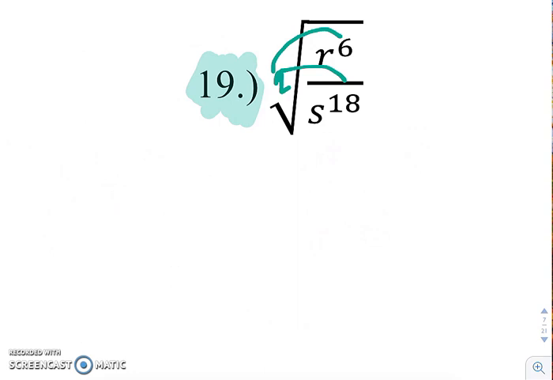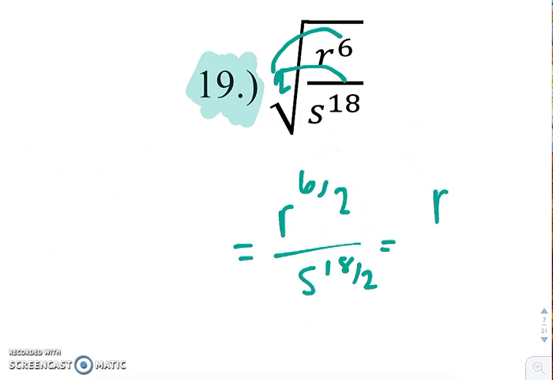So in this case, it actually works out pretty nicely because 6 is divisible by 2 and 18 is divisible by 2. So what happens is we're just left with r to the 6 halves and s to the 18 halves. So we're left with r cubed over s to the 9th. No negative exponents, no exponents that are fractions.